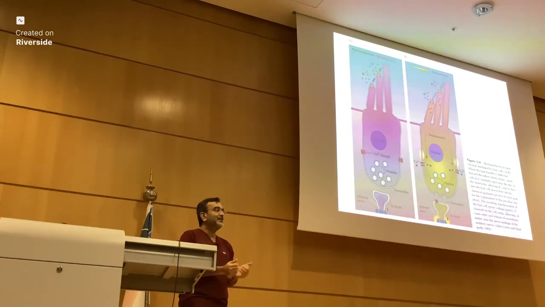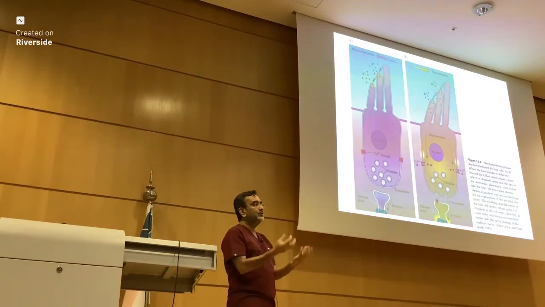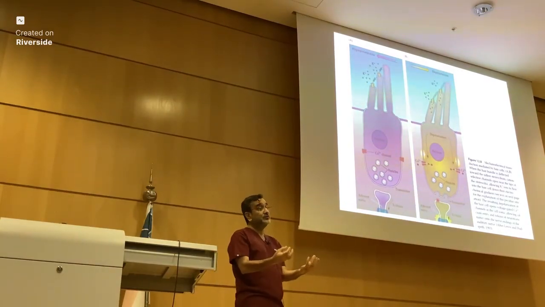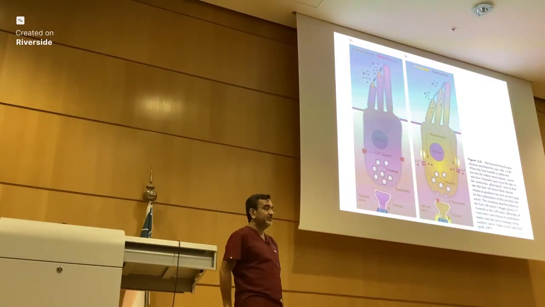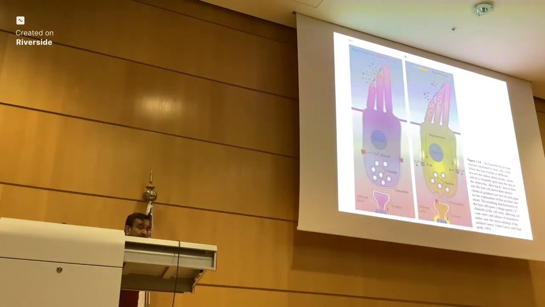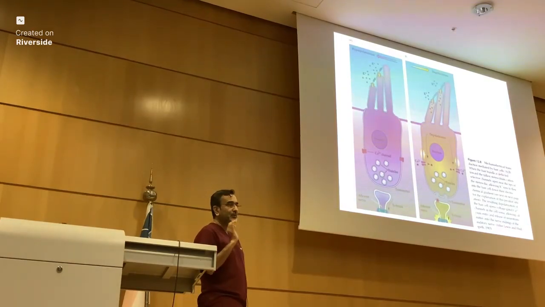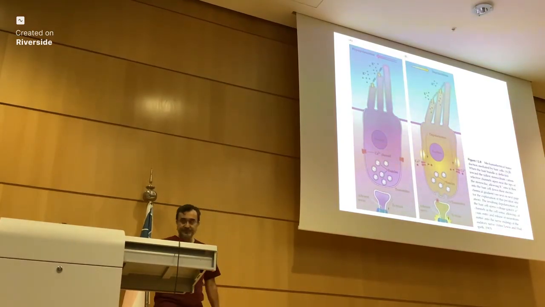And then the calcium gushes in, and as the calcium comes in, it is going to bind to these vesicles which are containing neurotransmitters, and result in the release of the neurotransmitter in the synaptic cleft. And mostly this neurotransmitter is glutamate. Aspartate can also do it, but usually it is glutamate-containing neurons.